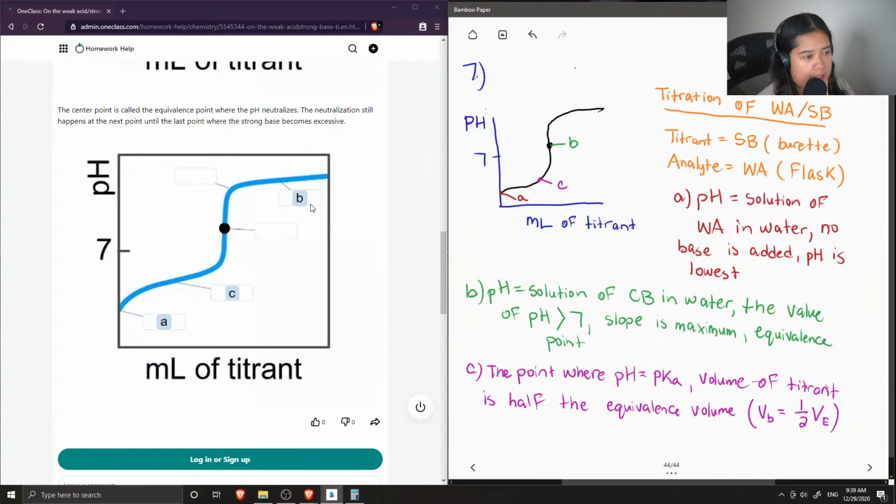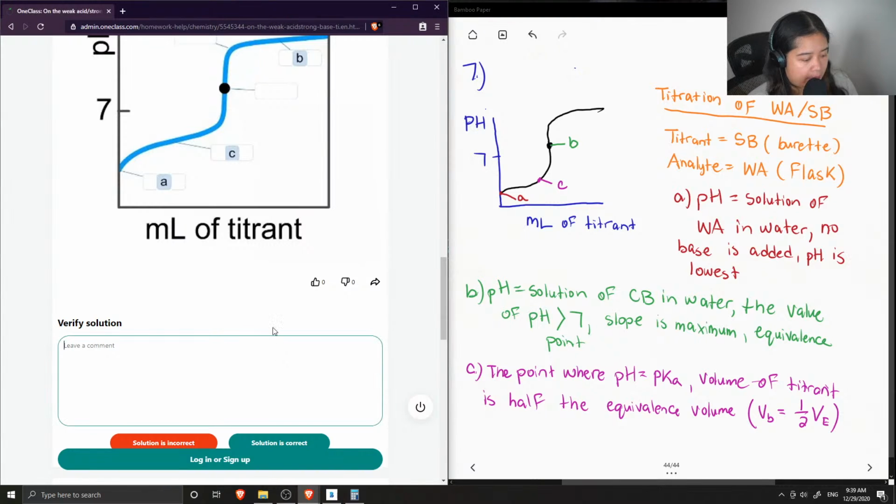But they showed where if you had excess base, then you would just have a solution of conjugate base in water. I guess it just depends. So this solution is correct. I'll just note that point B can also be shown as the equivalence point.